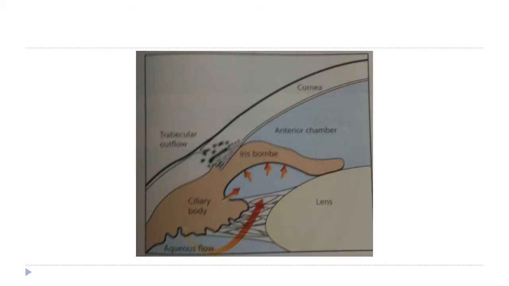These pictures show how normally there will be space between your angle, the iris and the trabecular meshwork. So when this iris is pushed and it closes, whatever aqueous is there gets collected behind the iris, and further causes adhesions and blockage of your angle of the anterior chamber, and that's how the IOP is raised.